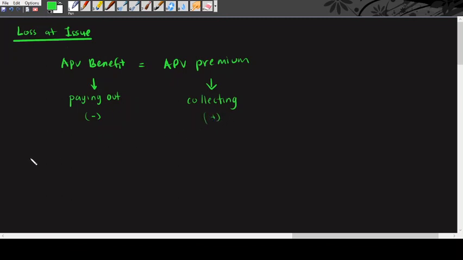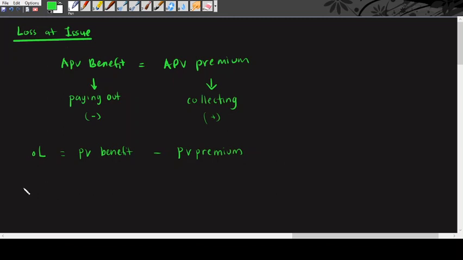When we are talking about loss, the notation for loss is L, and 0 means at issue, that means at time 0. This is equal to the present value of the benefit minus the present value of the premium. How much the insurance company has to pay minus how much the insurance company is collecting equals the amount of loss incurred for the insurance company.